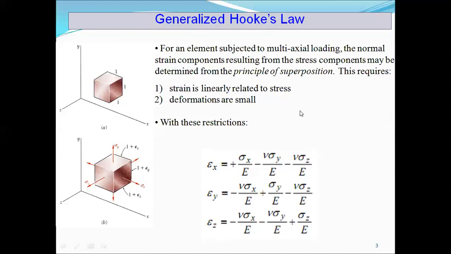You have to add all the strains which happen because of these three loads to find epsilon x, similarly add the strains to find epsilon y, and add all the strains due to these three loads to find epsilon z.